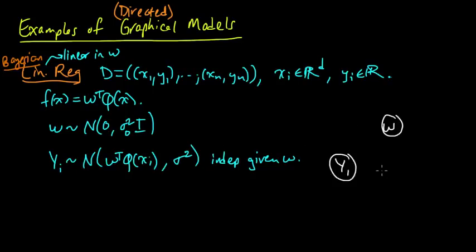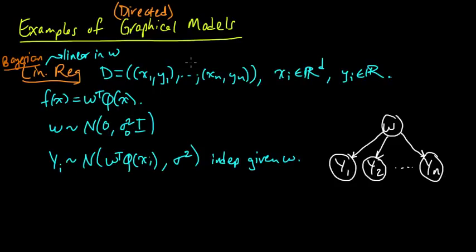We have y1 up to yn, and they're conditionally independent given w. So we can draw that in this way. Let me put one more, y2, just to show you the pattern, and so on. So there's just an arrow from w to yi for each yi.